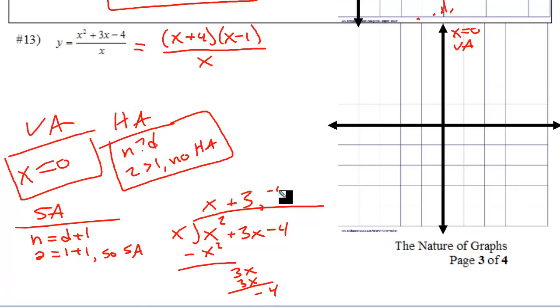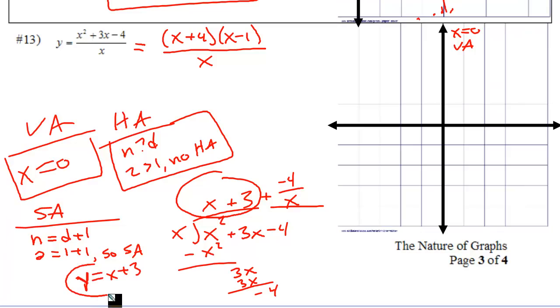So I have a remainder of negative 4, which you can write as remainder negative 4, like this, or you could also do plus negative 4 over what you're dividing by. We don't care about that though. We just care about how many times it goes into it evenly. You set that equal to y. So we have a slant asymptote at y equals x plus 3.